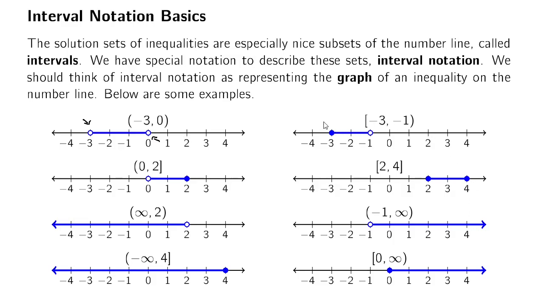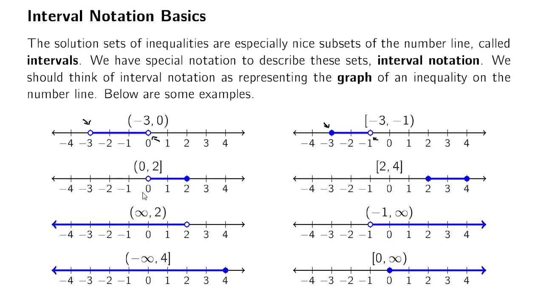Here we have an interval with -3 with a closed dot on the left, 1 with an open dot on the right. In interval notation, we write [-3, 1) with a square bracket on the left and a round bracket on the right. So this is a square bracket, round bracket.